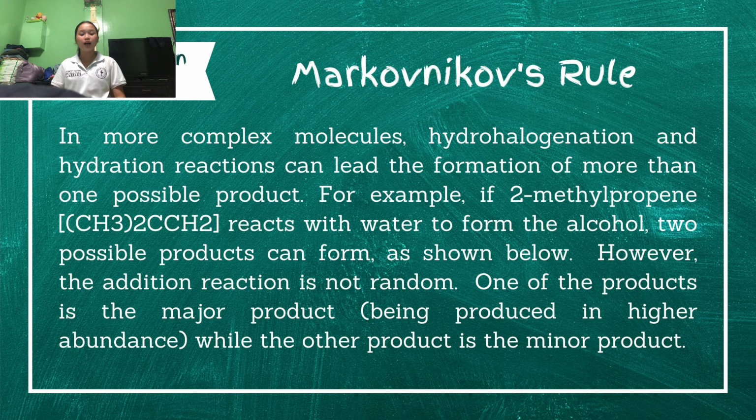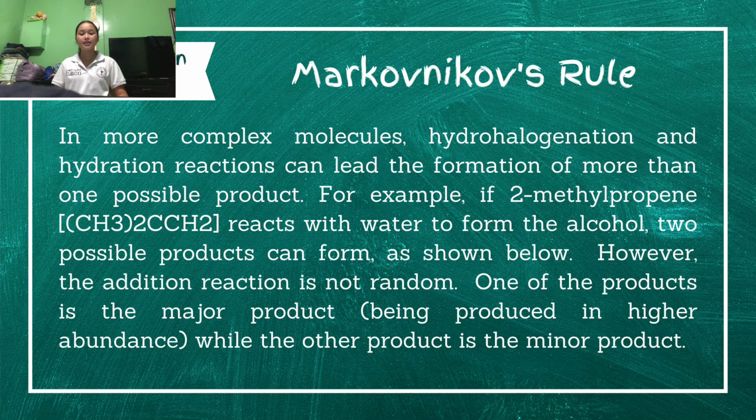Instead, Markovnikov's rule helps us predict which product will form in greater abundance. Markovnikov's rule states that when an asymmetrical reagent like H2O or HCl adds to an asymmetric alkene, the hydrogen, H+, attaches to the carbon with more hydrogen atoms, while the other part attaches to the carbon with fewer hydrogen atoms.